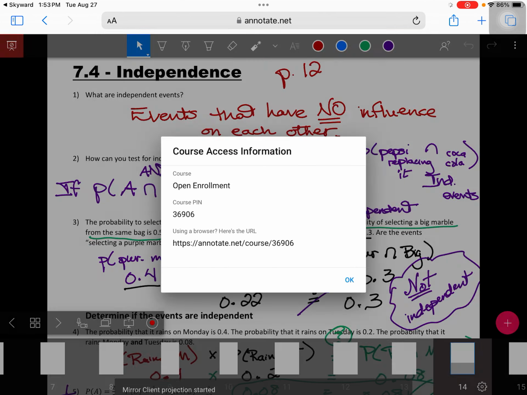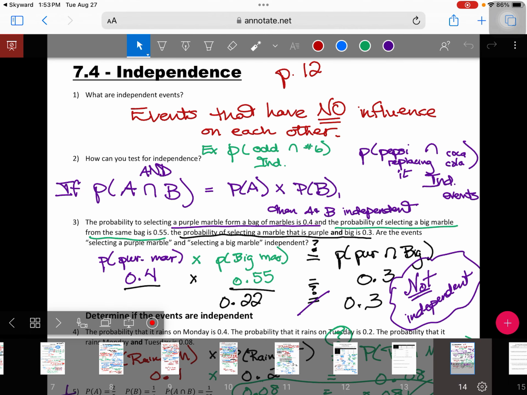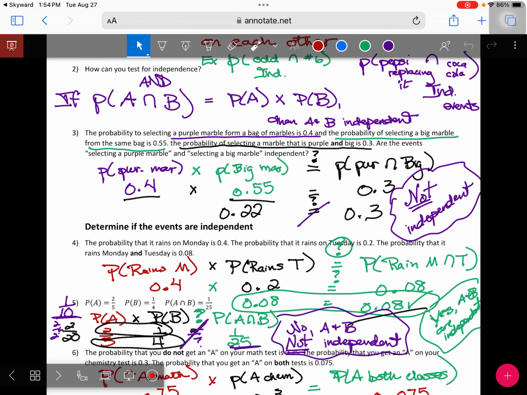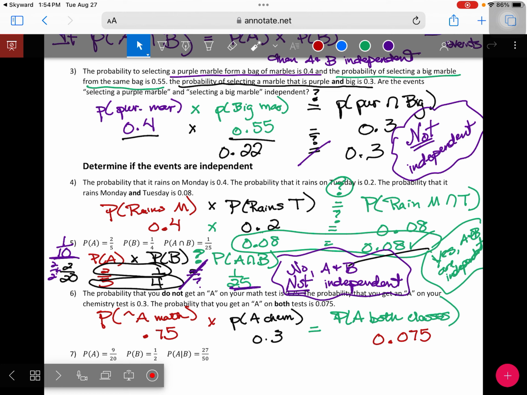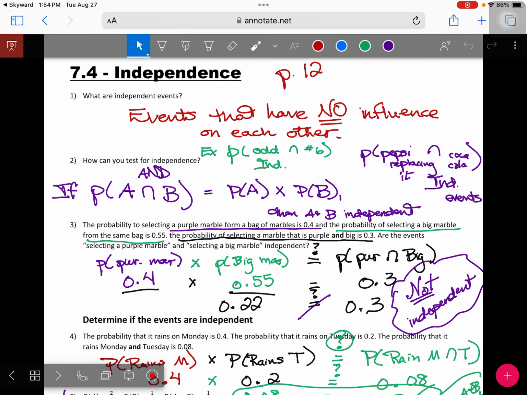Independence. Now, we did talk about independence just a little bit, and that is the answer to number 2. That was the formula that we just wrote down. So if those 2 things multiply and give you the and statement, like probability of rain on Monday was 4/10, probability of rain on Tuesday was 2/10, the probability of rain on Monday and Tuesday was 0.08, does 0.4 times 0.2 give me that?